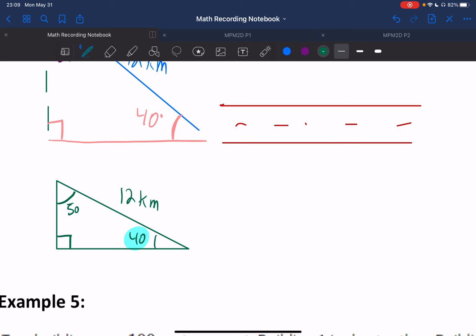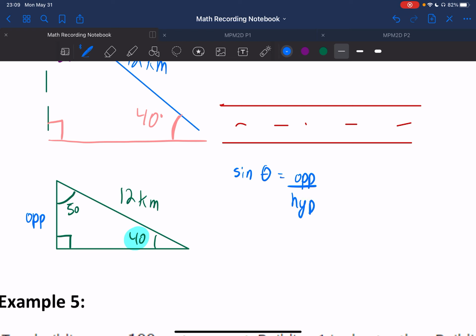We need to figure out the opposite side. So what particular trig ratio uses opposite and hypotenuse? Well, that's sine. So we have sine theta equals opposite over hypotenuse.